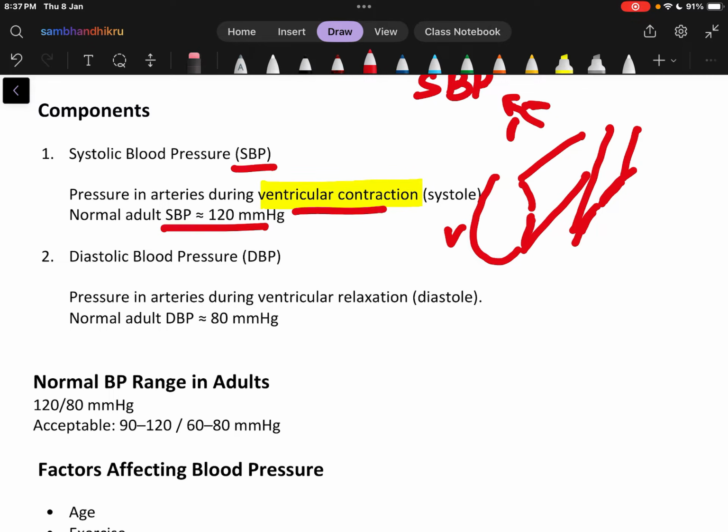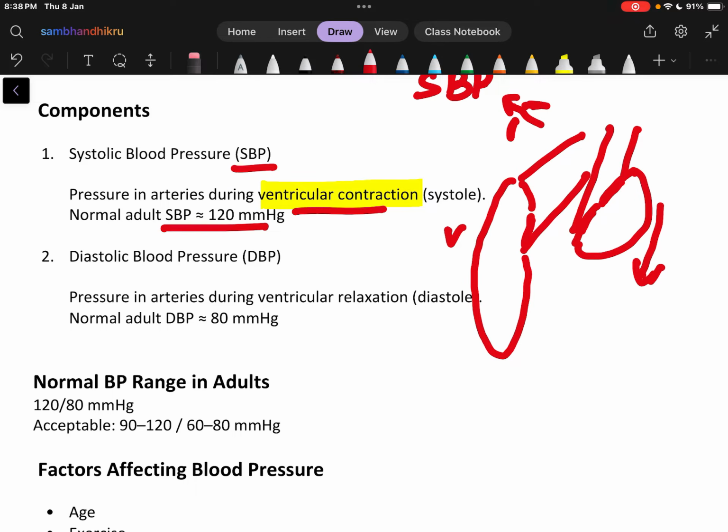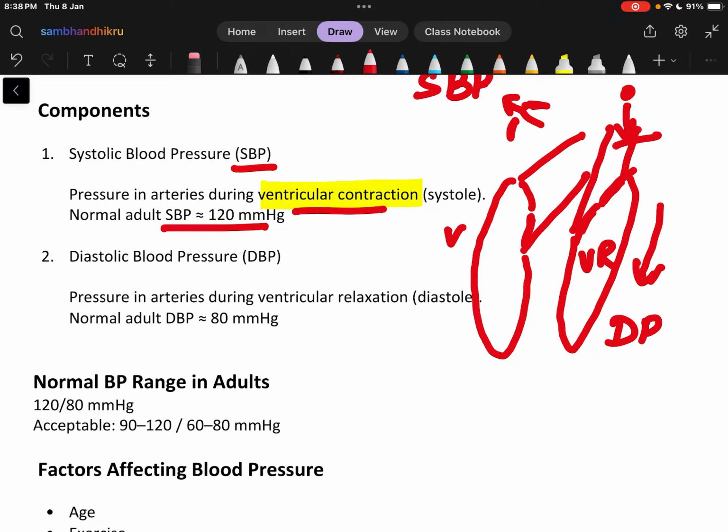The already contracted ventricles, the blood comes back. Due to the ventricular relaxation there is a decrease in the pressure, and the pressure the blood exerts on the arterial wall during ventricular relaxation is called diastolic blood pressure.